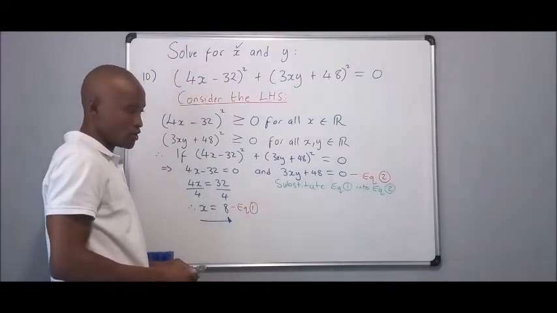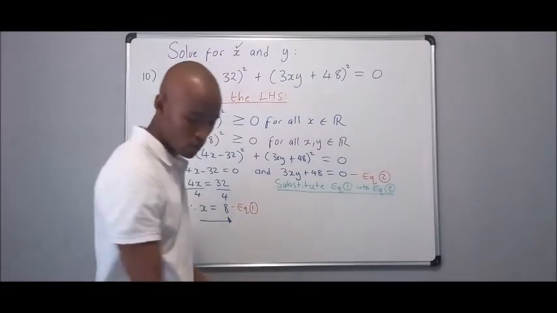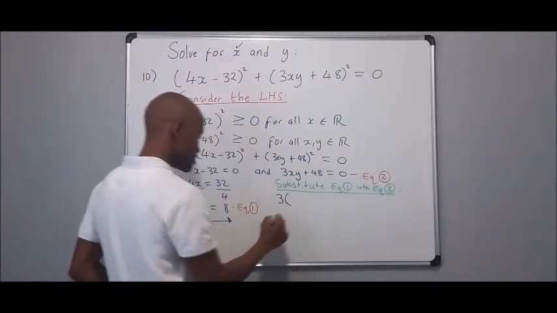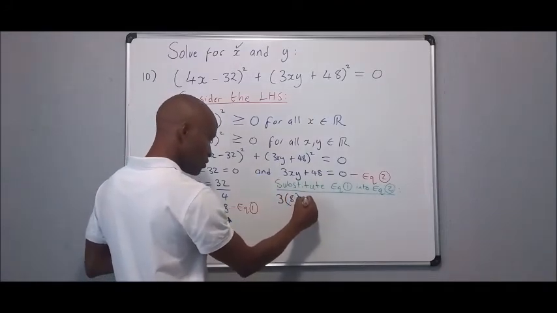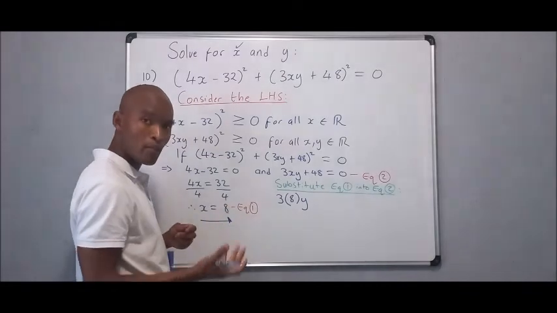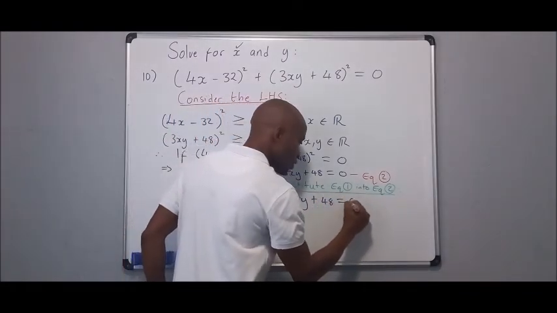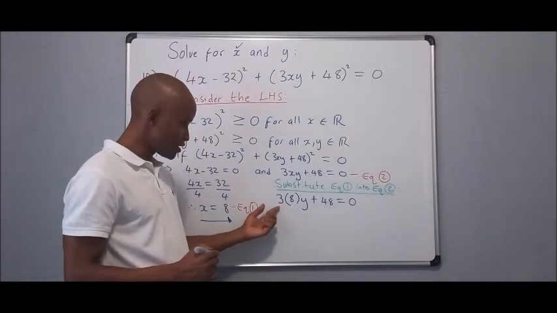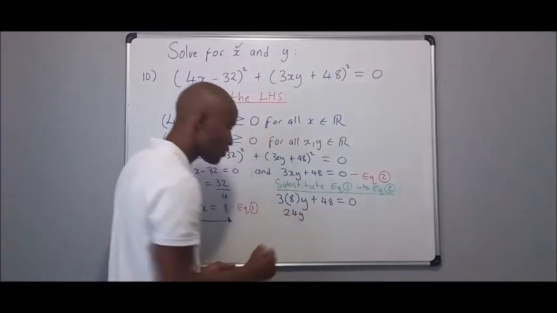All right, so what's going to happen now here is the following. We have 3 times, now the x right here is 8, okay, and then we still have a y there which we are about to solve for, and then it's plus 48 equal to 0. Okay, good, we are almost there, guys. 3 times 8 is 24, so we have 24y.